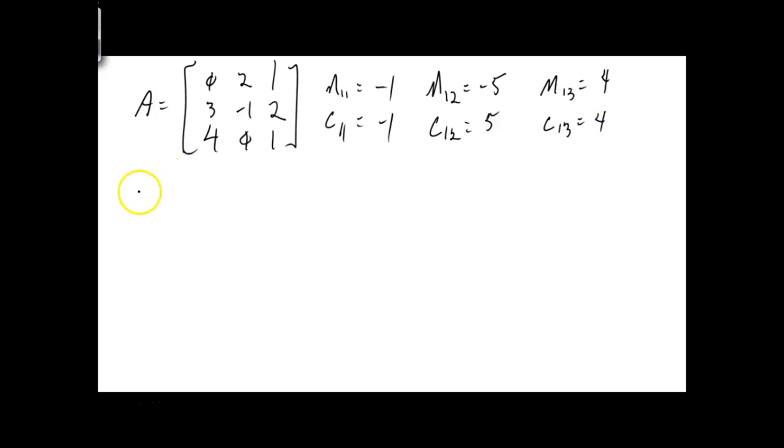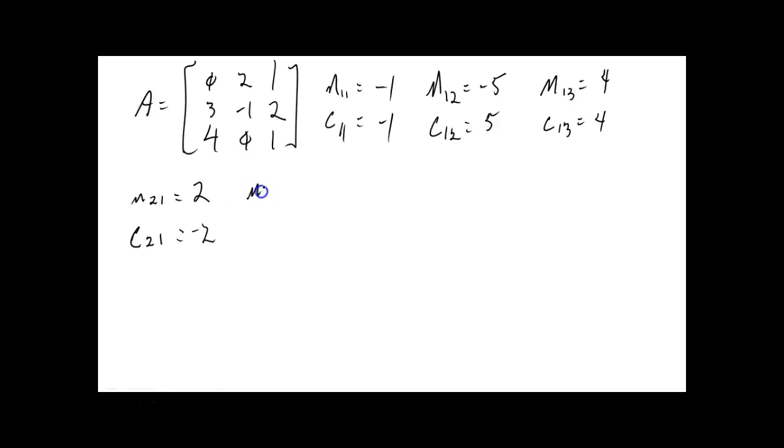Which one you want to do next? M, 2, 1. What would that be? What'd you say? I couldn't hear. 2, yeah, okay. And what's the cofactor for 2, 1? Say again? -2, right, got it.